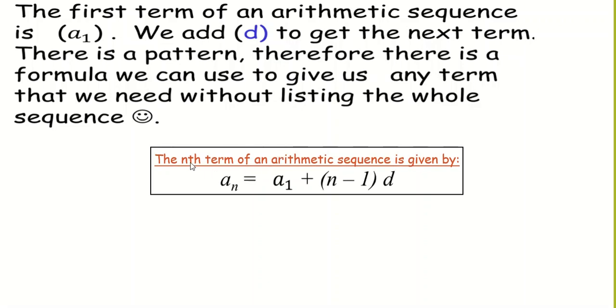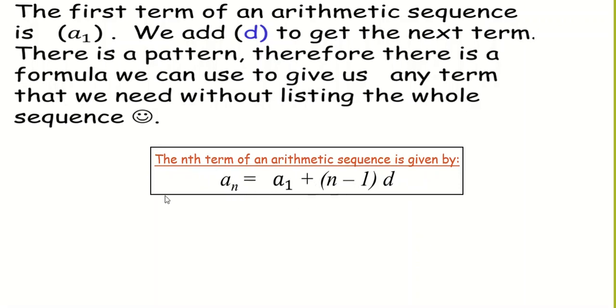Generally, if you observe the pattern that we had, your a sub n is equal to a sub 1 plus the quantity of n minus 1 times d. Your a sub 1 is the first term, your d is the common difference, and your n here is the position of the term. This same subscript here is the n here.